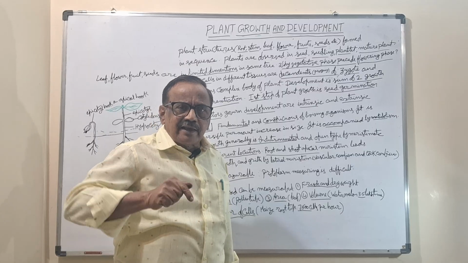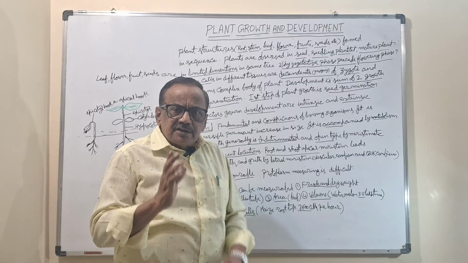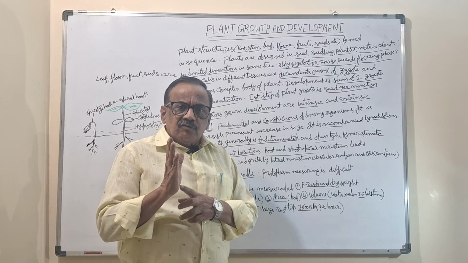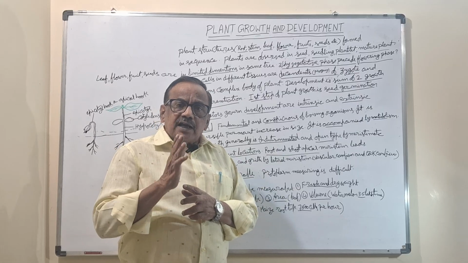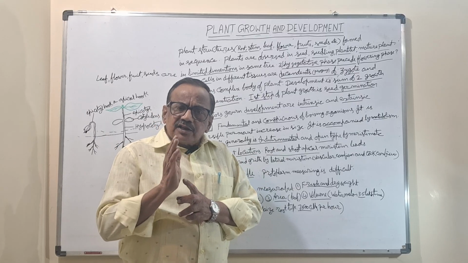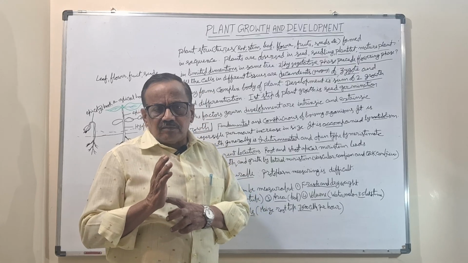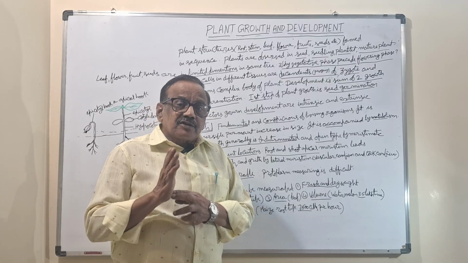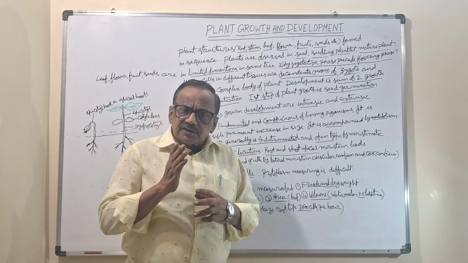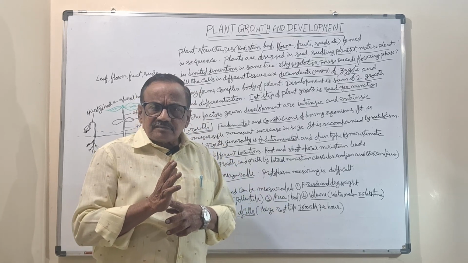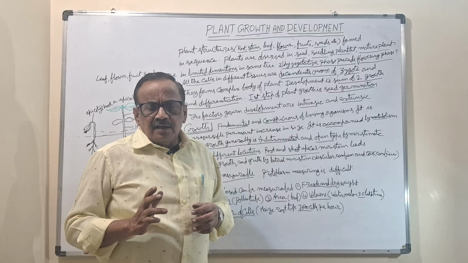Here the difficulty is there. A seedling is a very small plant, which has the cotyledons, hypocotyl, epicotyl and all those things. Similar small plants formed by the same plant are plantlets.